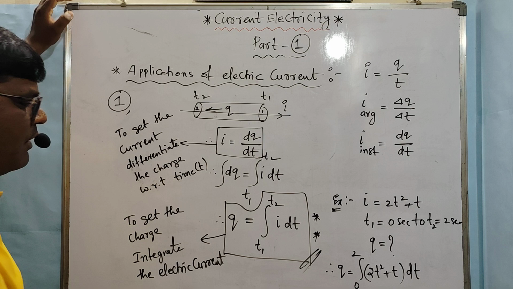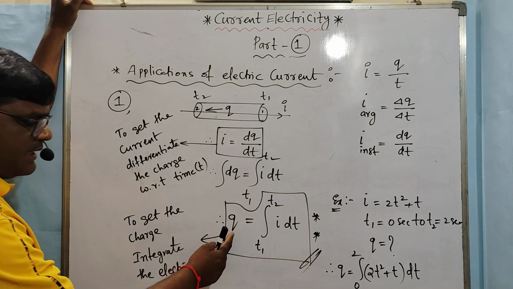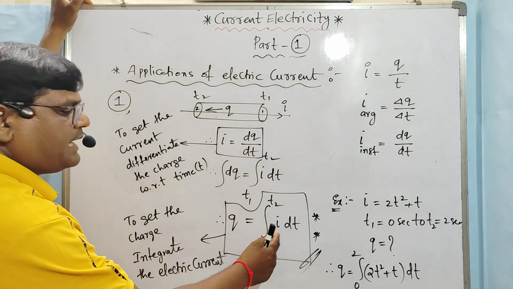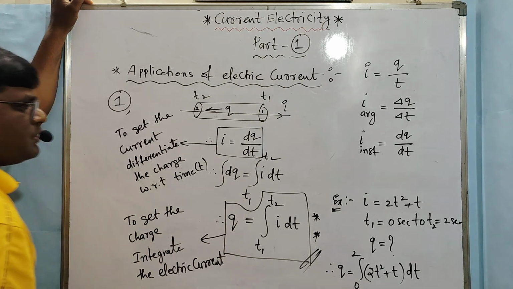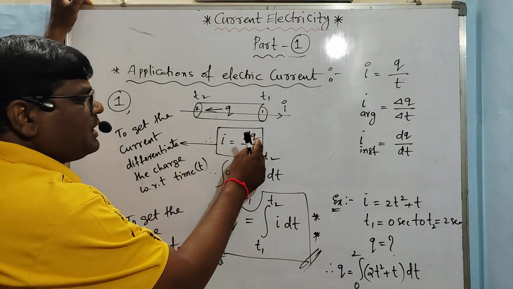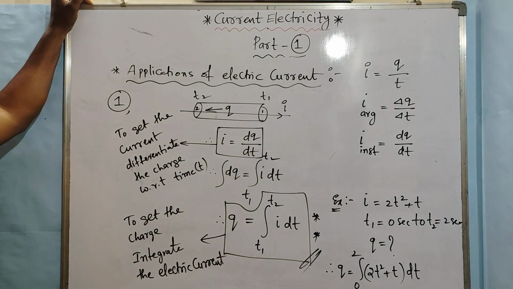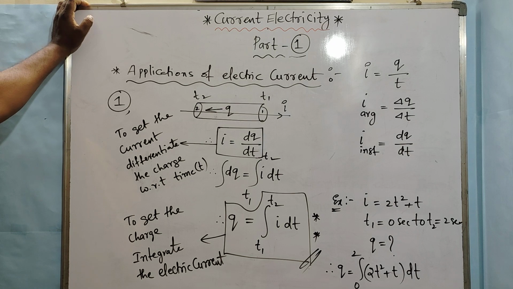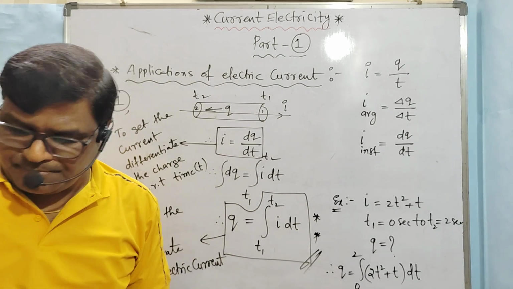Right now, to get the charge, we have to integrate the electric current. To get the current, we have to differentiate the electric charge. This is right. Clear?